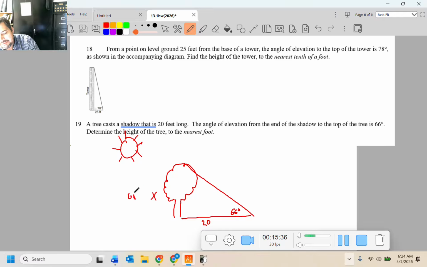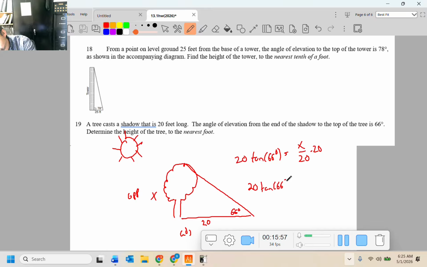And what we have here is the side opposite and the side adjacent. And it turns out that we have the tangent ratio. So the tangent of 66 degrees would be x over 20. And it's a lot like the last one I did. You just multiply both sides by 20 and you're one and done.